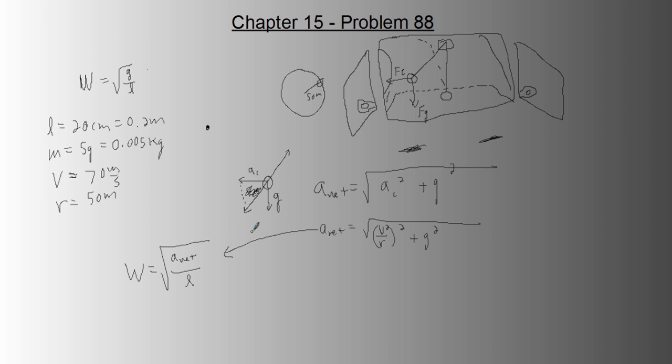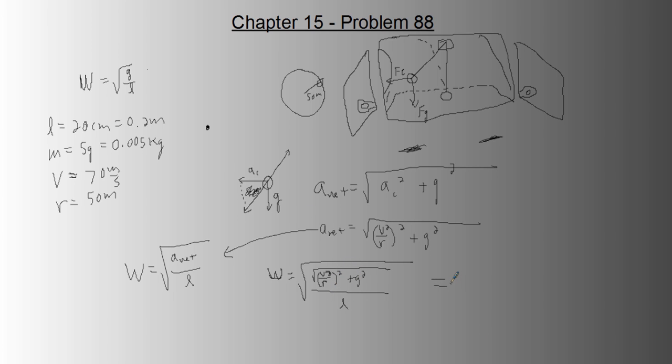So what this means is omega is the square root of v squared over r, all squared, plus g squared, all over L. And we know all these things: V is 70, R is 50, g is 9.8, L is 0.2.